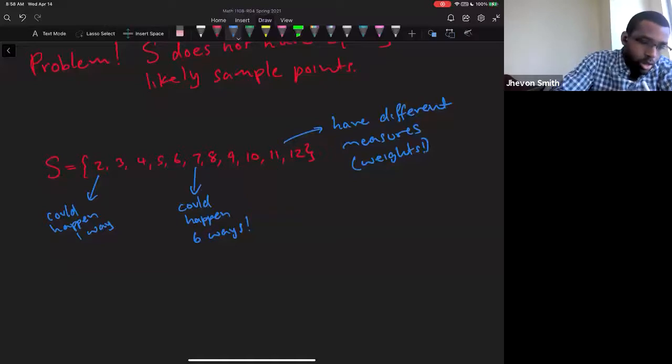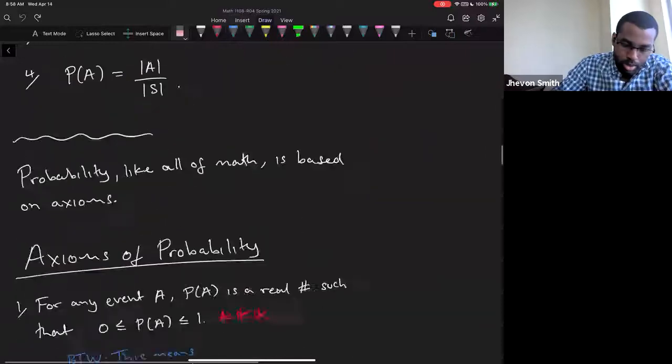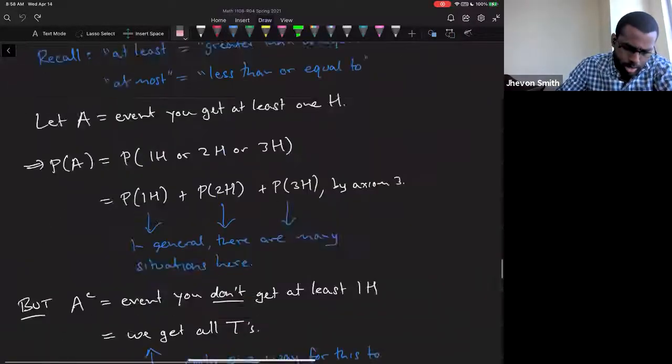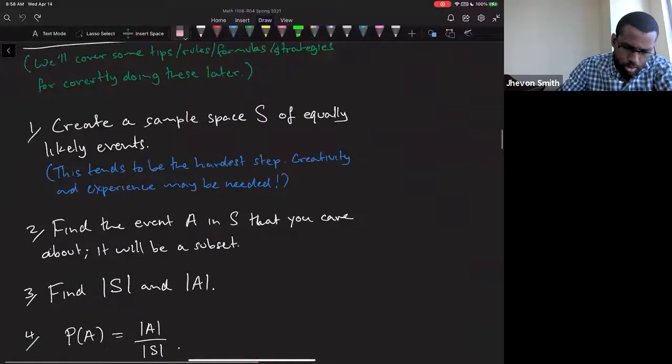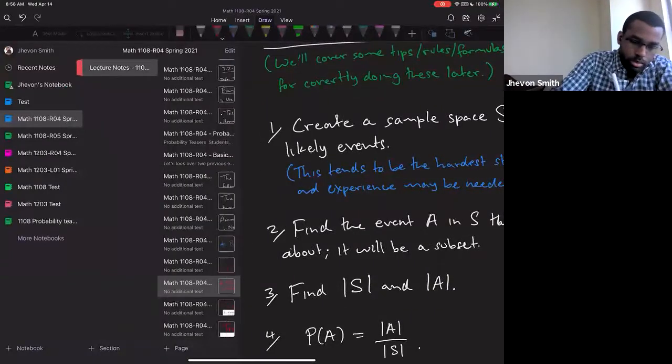So this is also why I mentioned a couple classes ago that when it comes to creating the sample space or conceptualizing the sample space, creativity is needed. You need to make sure that your sample space covers all the bases. It should be something that captures the essence of the problem. The sample space I just wrote down didn't do that. So yeah.